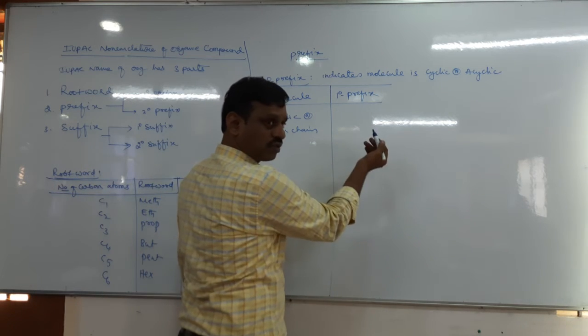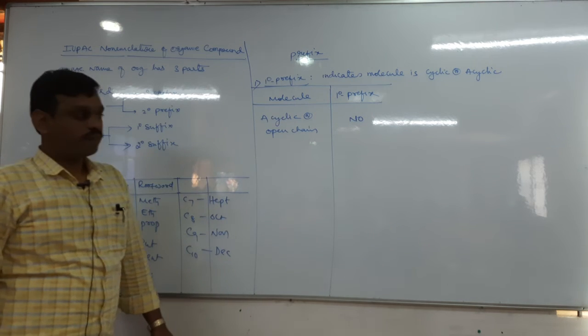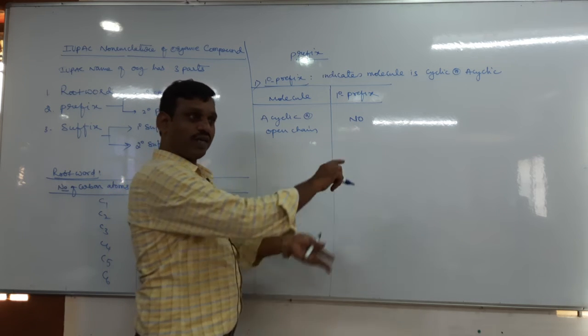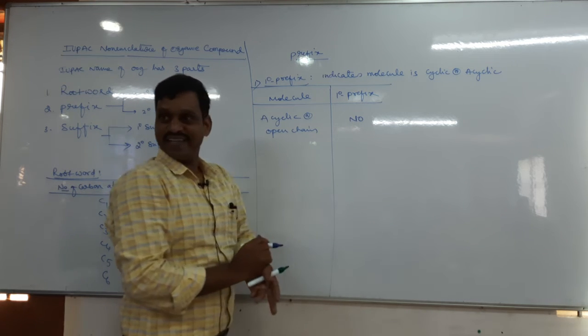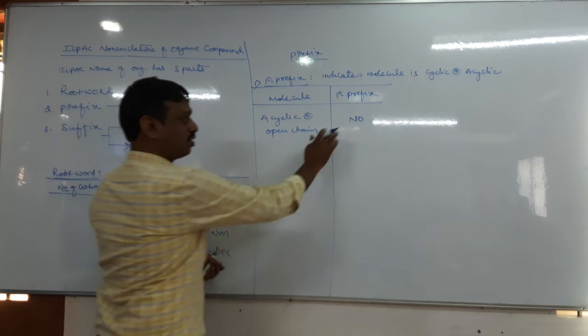Does it have any primary prefix? No. So there is no primary prefix. No means it has none. Don't write the word "no" there; it means it has no prefix.